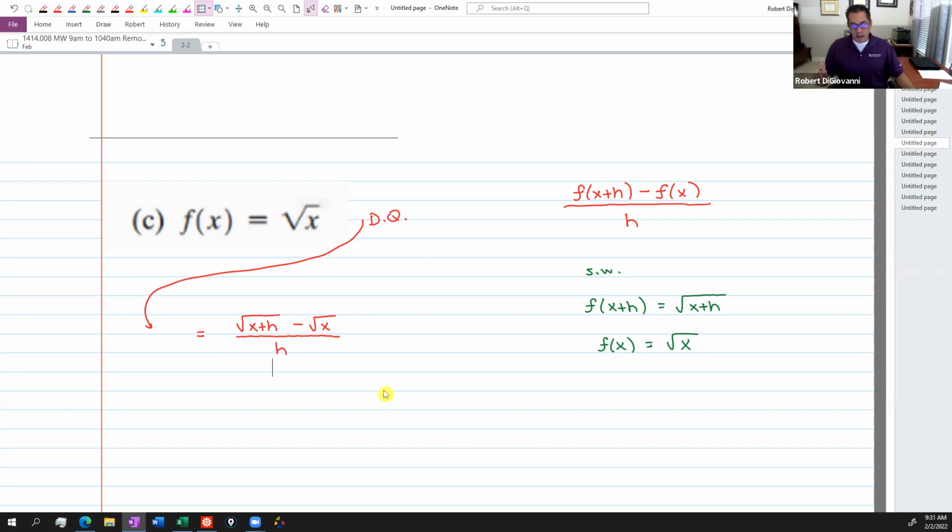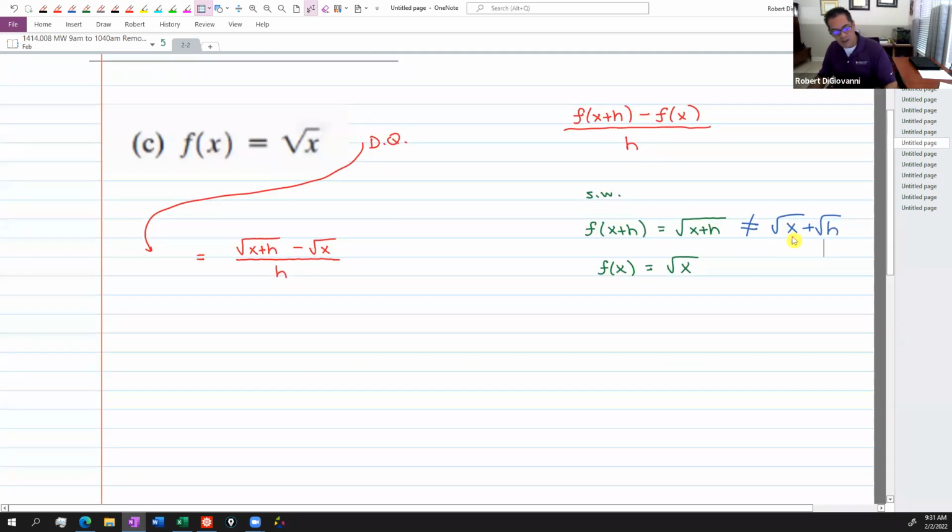This is where it's so important that you understand that this over here was not equal to the square root of x plus the square root of h, okay? Let's just say you thought that's what it was. Then our difference quotient would turn out to be square root of x plus square root of h minus, so subtracting out f of x, square root of x, all over h, and then these things would cancel and you'd be happy.